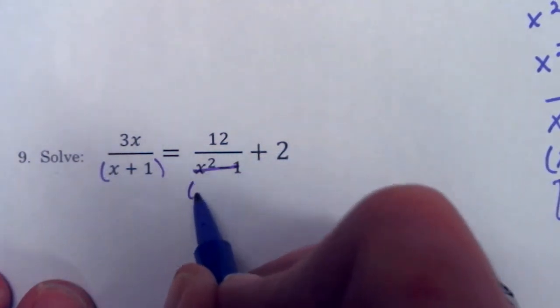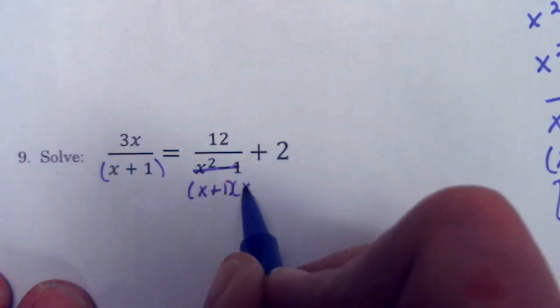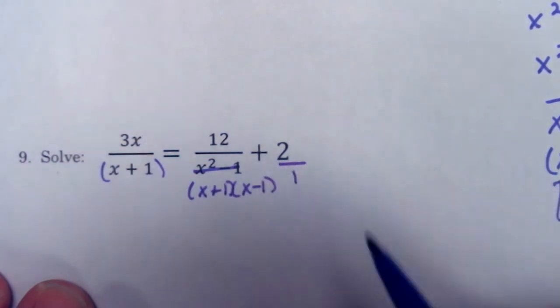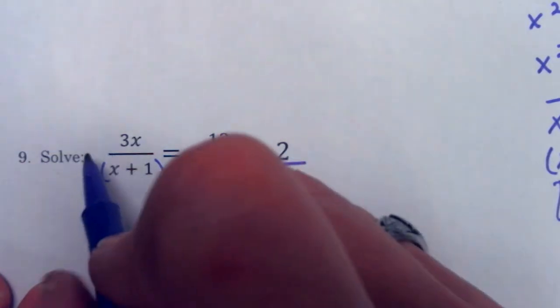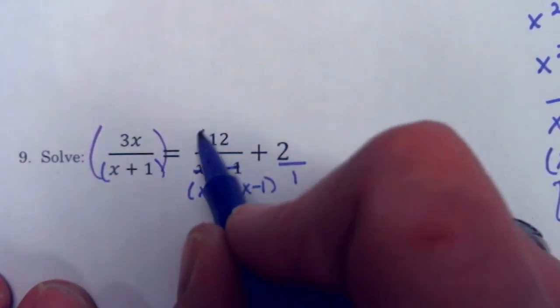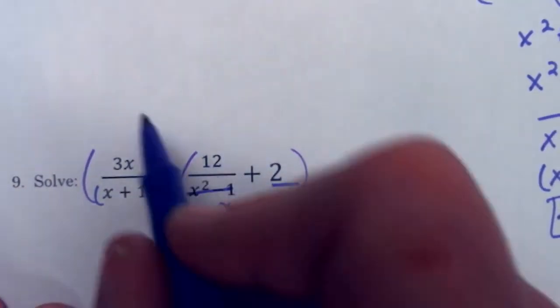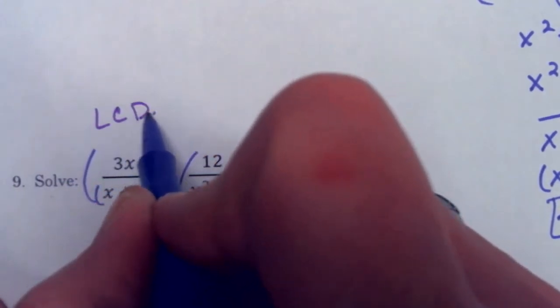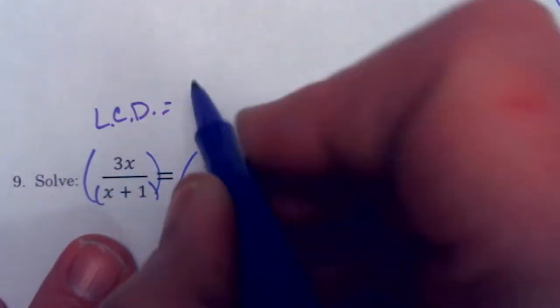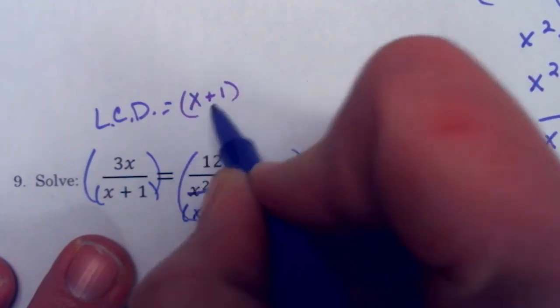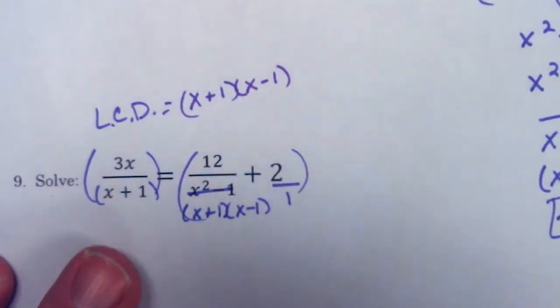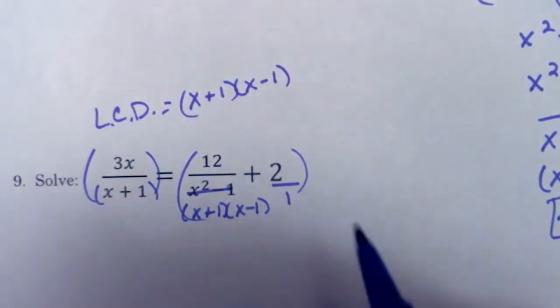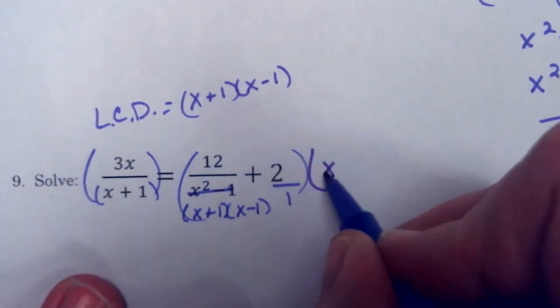X squared minus 1 is the same as x plus 1 times x minus 1. The denominator of the 2 is just 1. Between all three of those, the least common denominator, or the least common multiple between the denominators, would be x plus 1 times x minus 1. And now the trick is to multiply both sides of the equation by that.